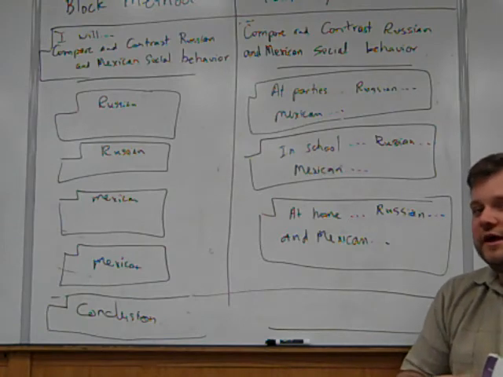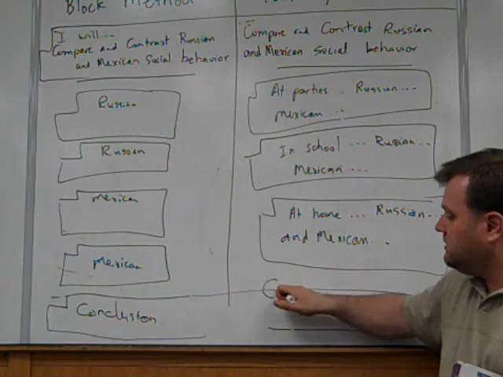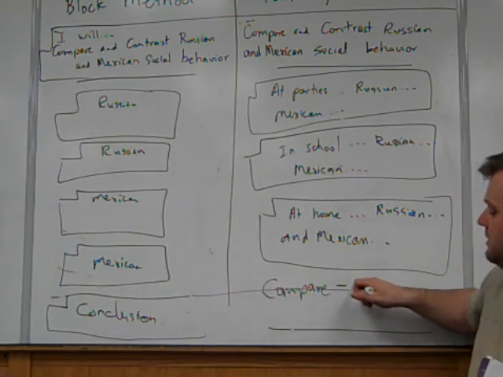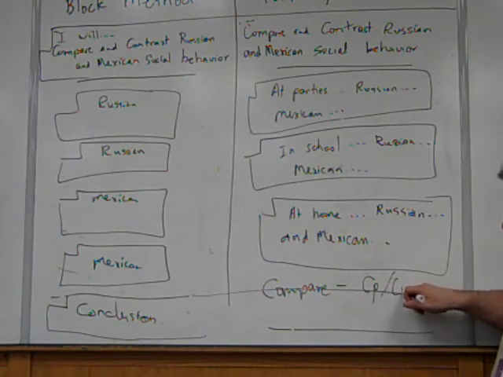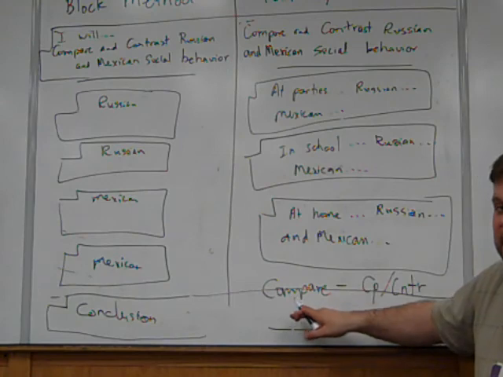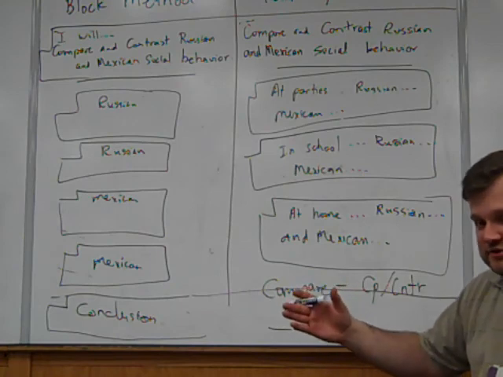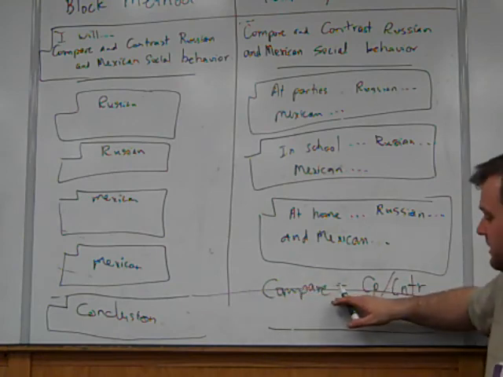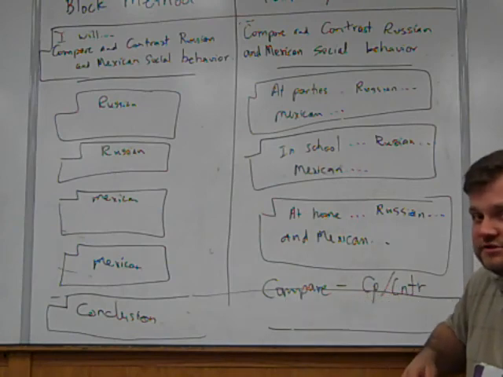I want to finish with one small thought. When I use the phrase compare, compare can mean compare and contrast. I use the CP or CNTR for compare and contrast. When I say contrast, I'm just talking about differences only. So you hear me saying these words, similarities, differences. Comparing can be similarities and differences, whereas contrasting is only differences.